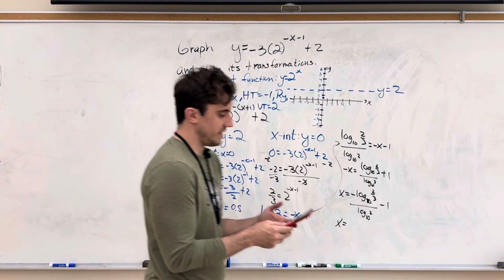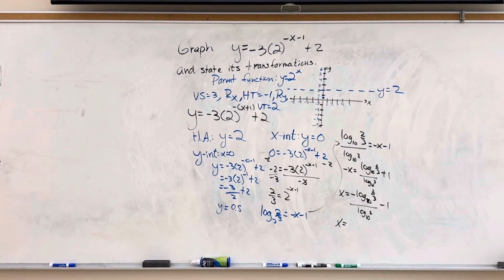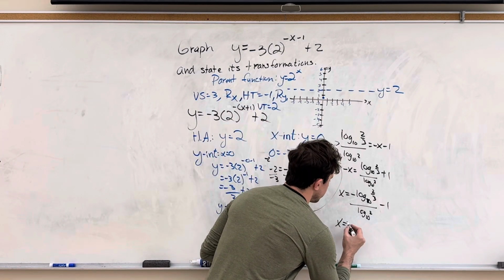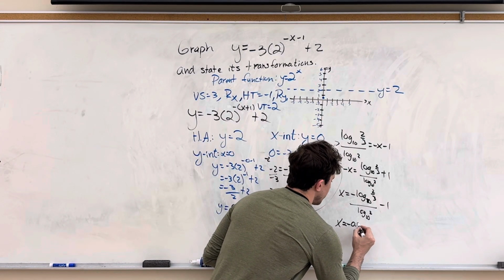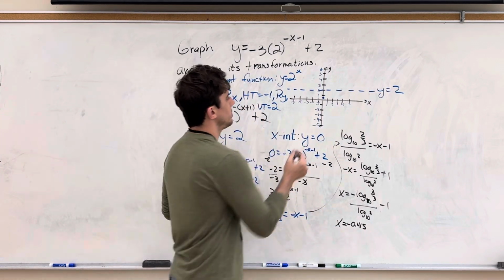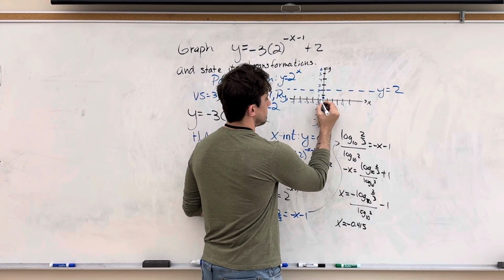That makes sense. Negative 0.415, let's say. Roughly negative 0.415. That's our x-intercept. And so that's around here, right?